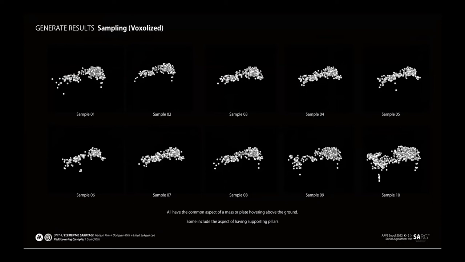And in the cases of samples 8, 9, 10, you can see a few aspects that are trying to form a type of pillar so that it could support the levitating mass or surface. So I guess this could be the acting function that the machine learning has learned through all my generated data sets.